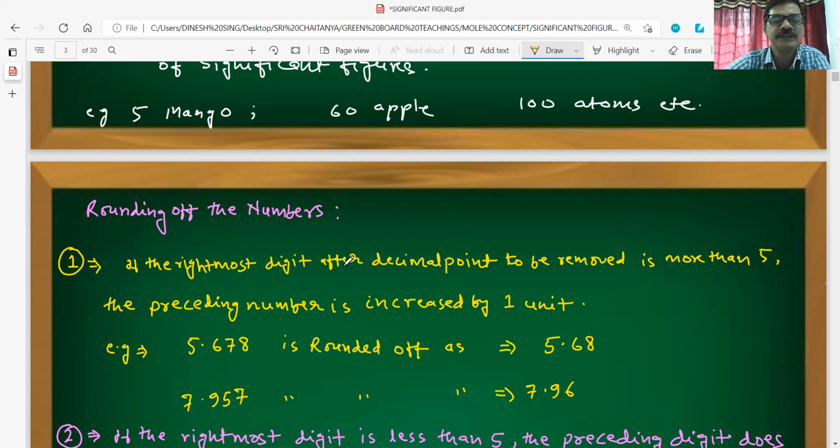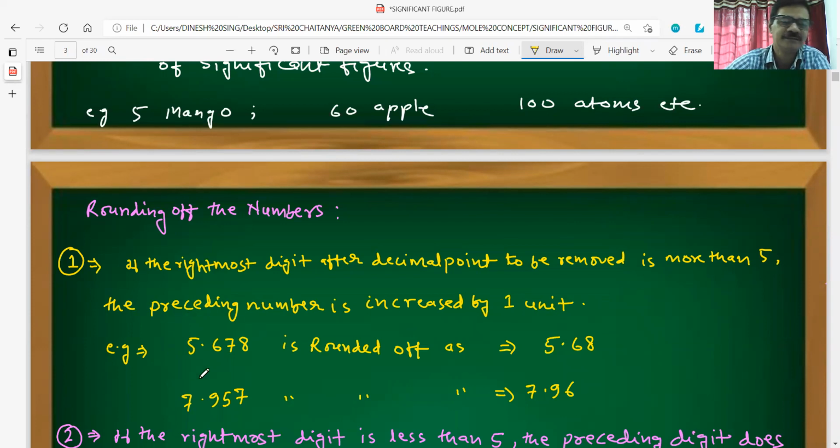If the rightmost digit after the decimal point is to be removed, it may be at the third position from the decimal point, or maybe fifth, sixth, seventh, or whatever position. But it must be the rightmost digit. This digit we want to remove.